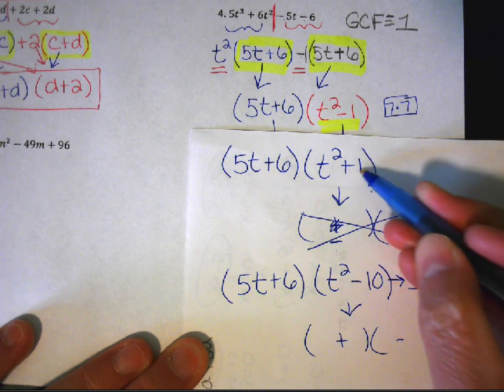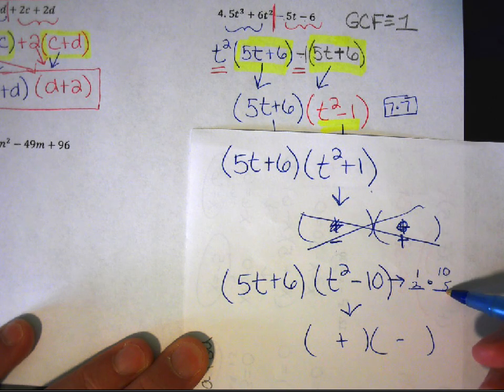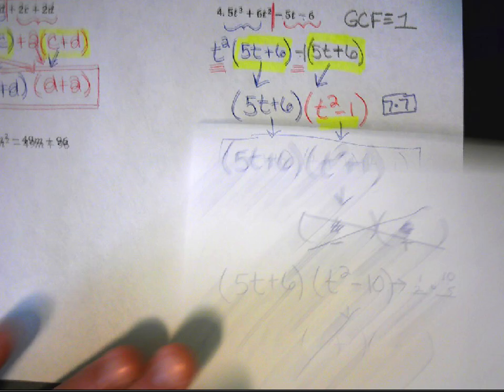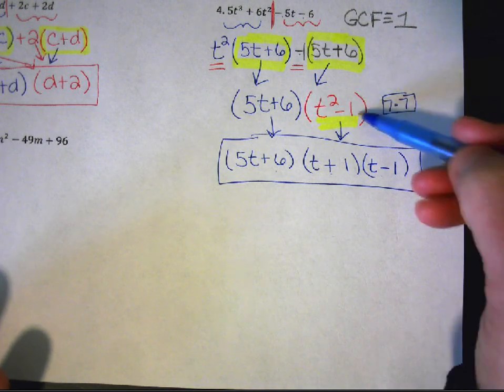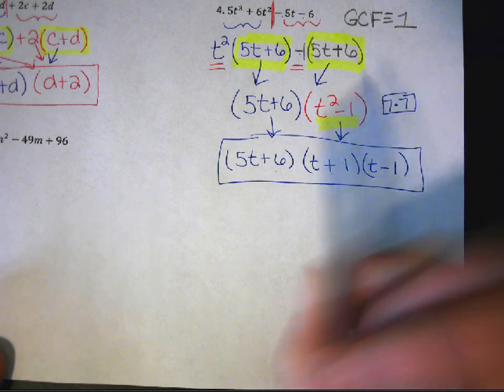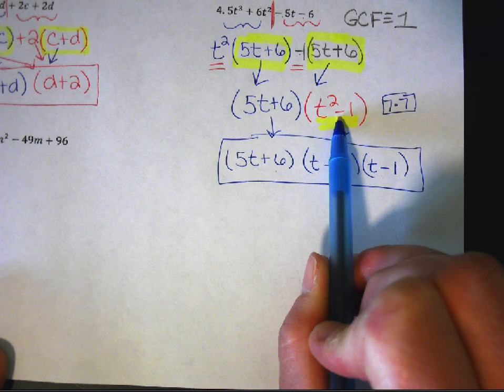So 1 is 1 times 1. 10, I either have to use 1 and 10 or I have to use 2 and 5. But either one of those combinations is going to create a middle term. So the only way that you can keep going is if you have the difference of 2 squares. Both of these have to be a perfect square, and this has to be a subtraction, okay?